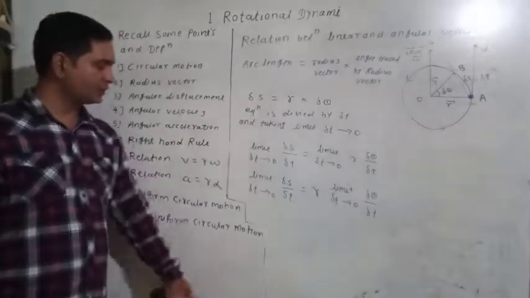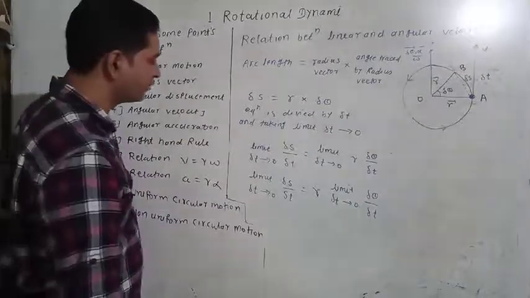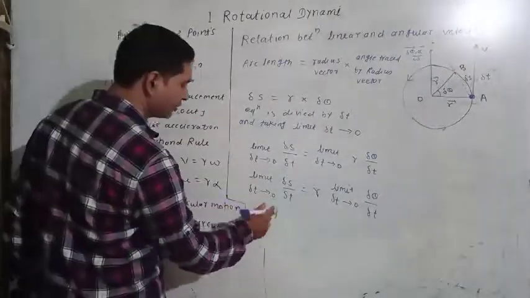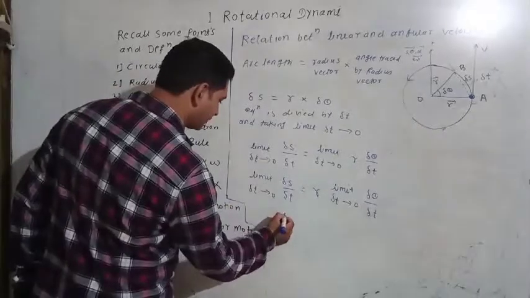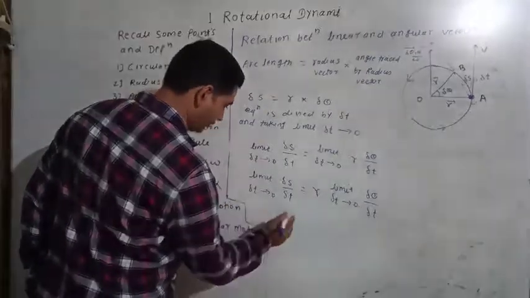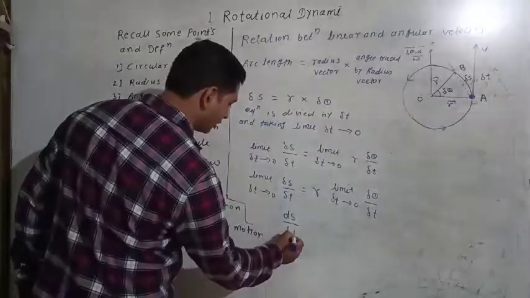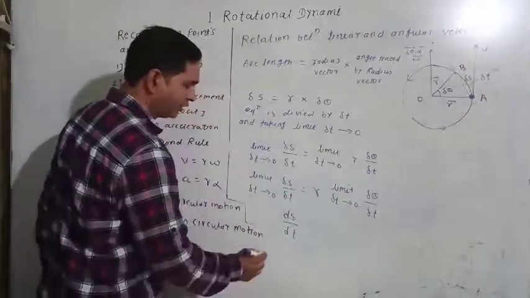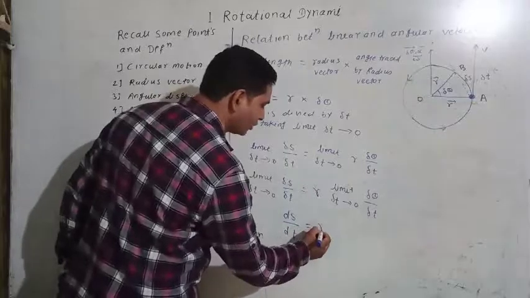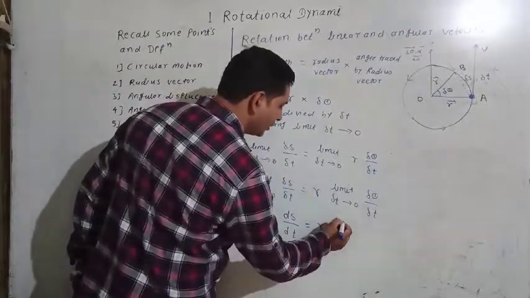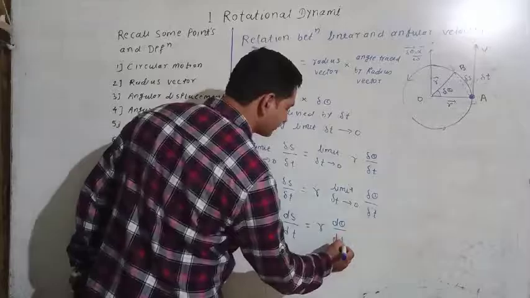Then removing the limit, the formula is given by ds upon dt equals R into d theta upon dt.